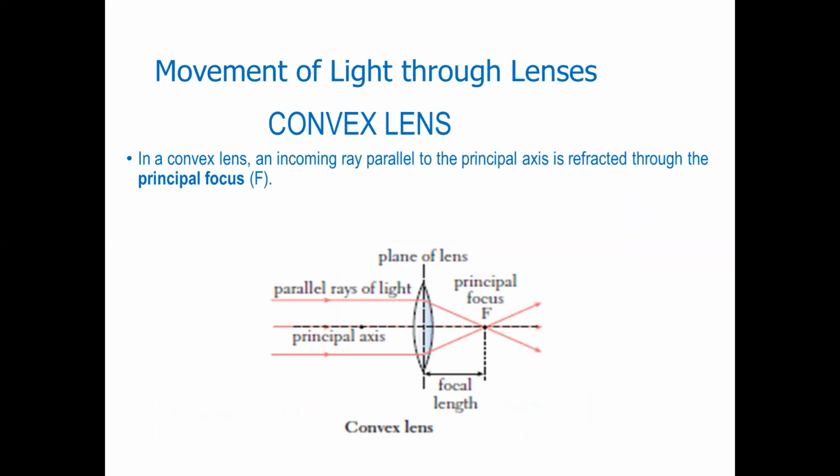In case of a convex lens, an incoming ray parallel to the principal axis, the line from the center of the lens, is refracted through the principal focus.